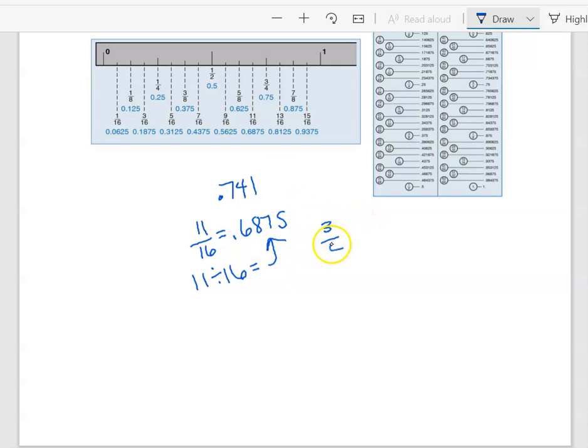The next one is 3/4, which we know is 0.75. And so we would also be able to divide that out and see that. And so I know that this 0.741 is in between these two estimates, 11/16 and 3/4.